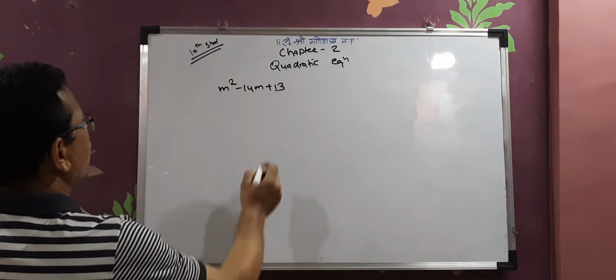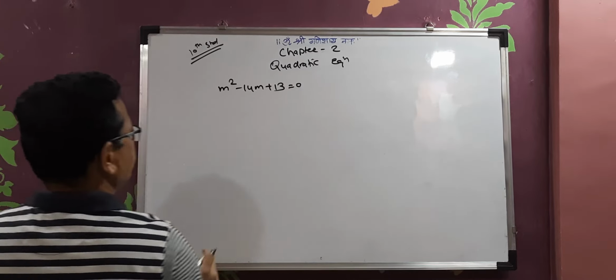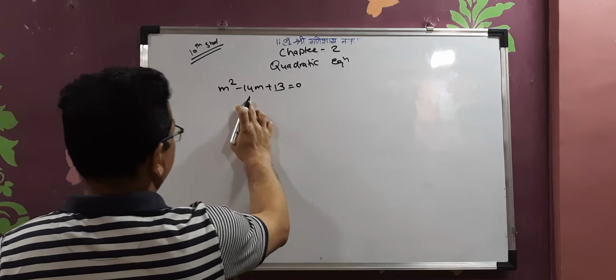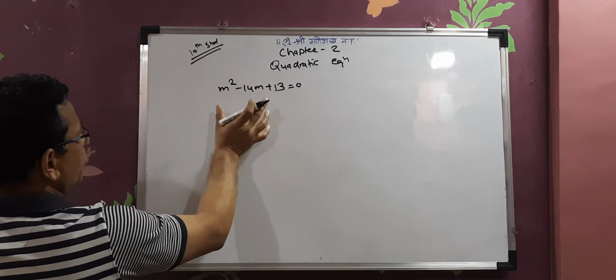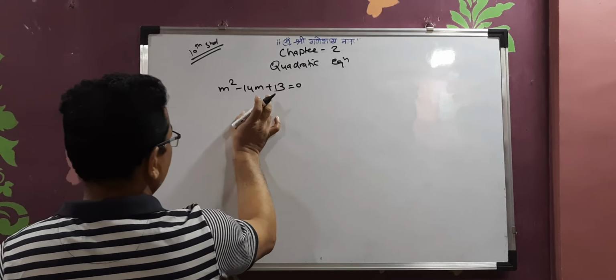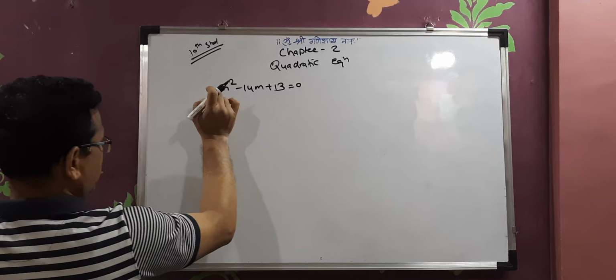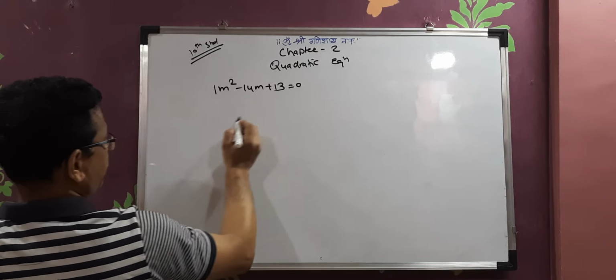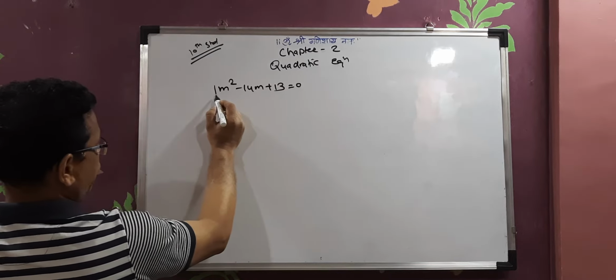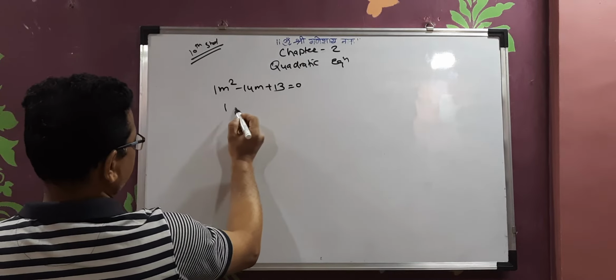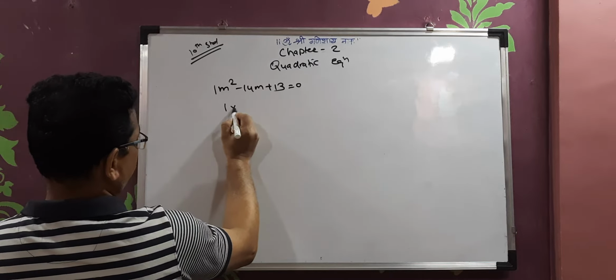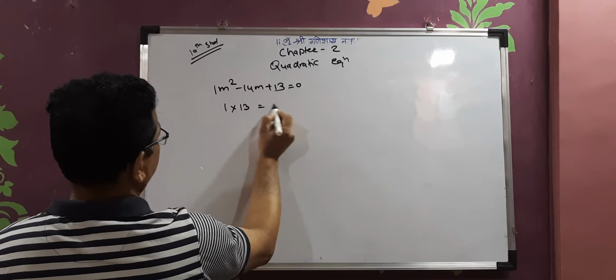Now as I told you, we have to split this middle term in such a way that the product of those terms should be equal to the product of the quadratic coefficient and the constant. The quadratic coefficient is 1 and the constant is 13, so the answer is 13.